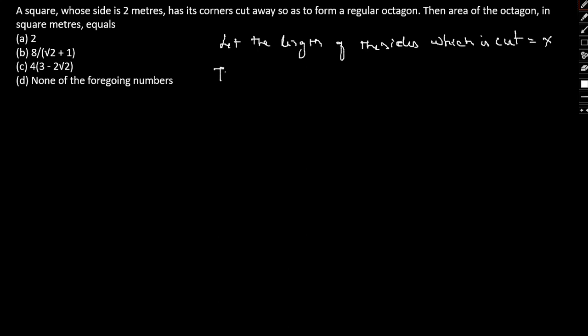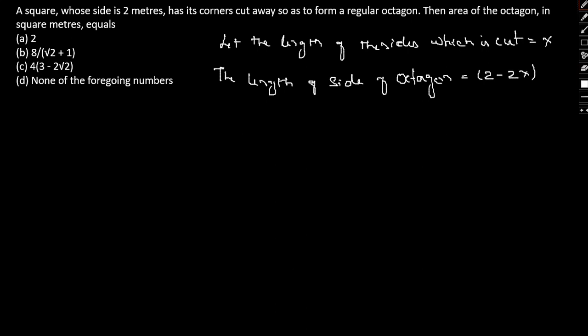Therefore, the length of the side of the octagon will be, since each of the sides of the square was 2, then 2 minus the length cut twice, so 2 minus 2x.